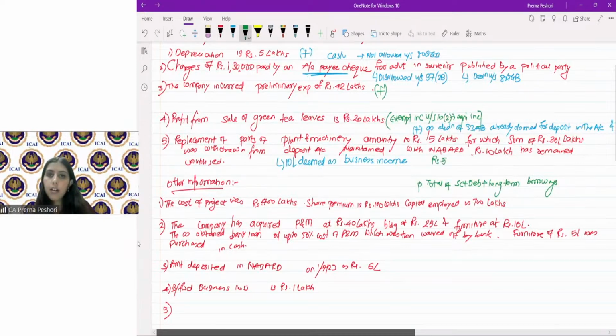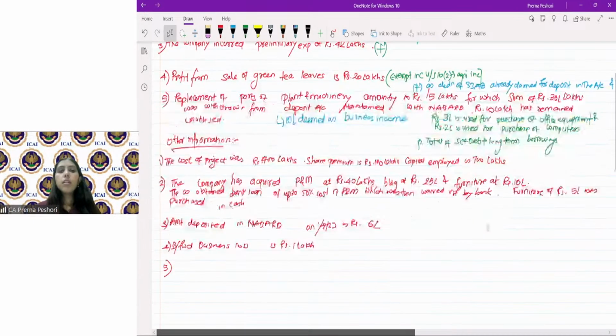Rupees 3 lakh is used for the purchase of office equipment and rupees 2 lakh is used for the purchase of computers.